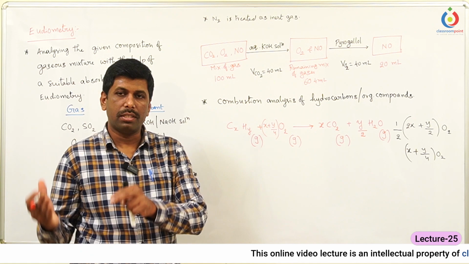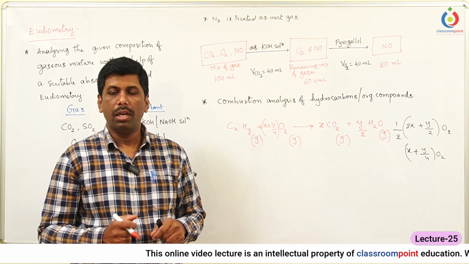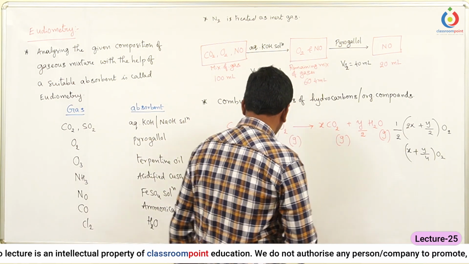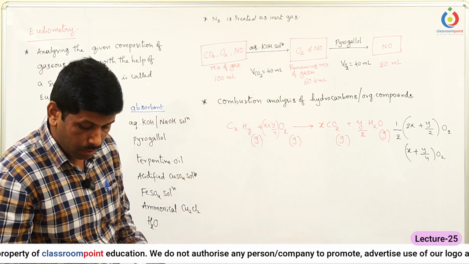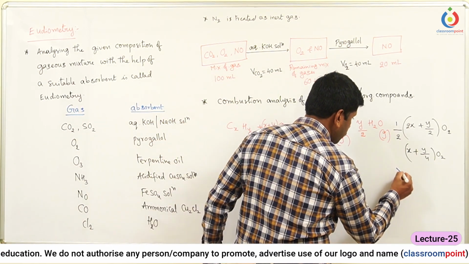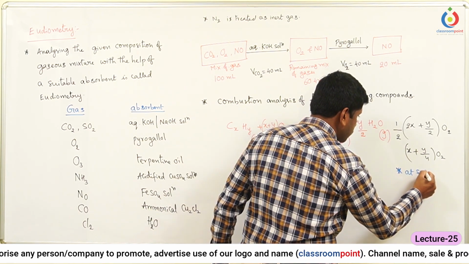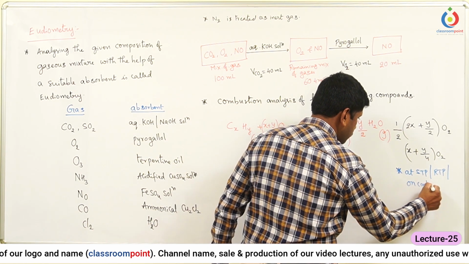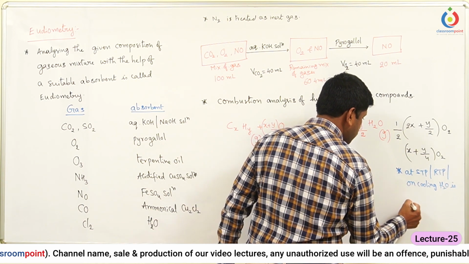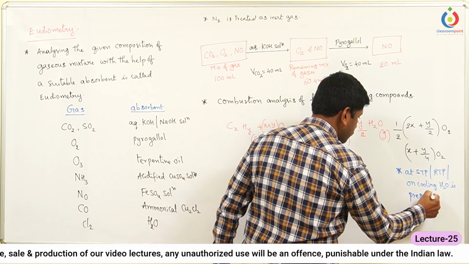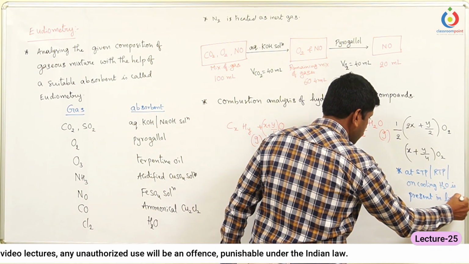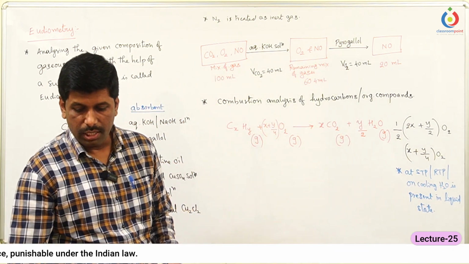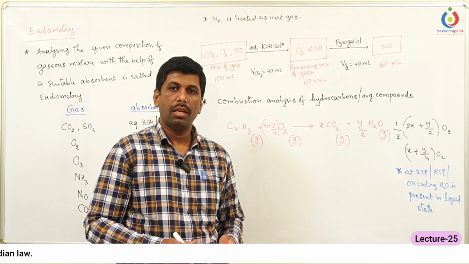So on cooling, gaseous H2O will convert into its liquid form, and we don't consider the liquid volume. So we can write that at STP or room temperature and pressure conditions or on cooling, H2O is present in the liquid state, so we should not consider its volume when these conditions are mentioned. Otherwise we have to consider its volume also.